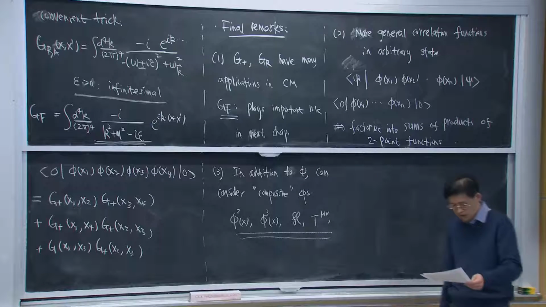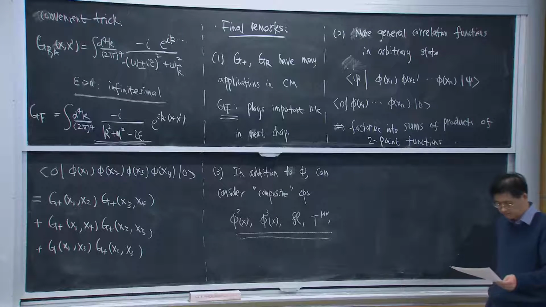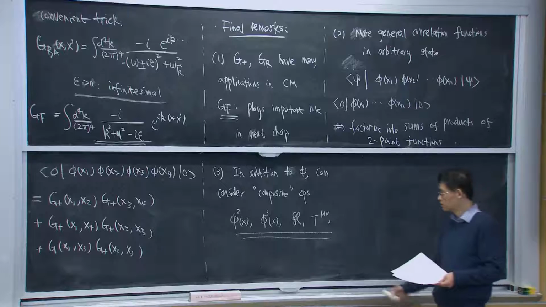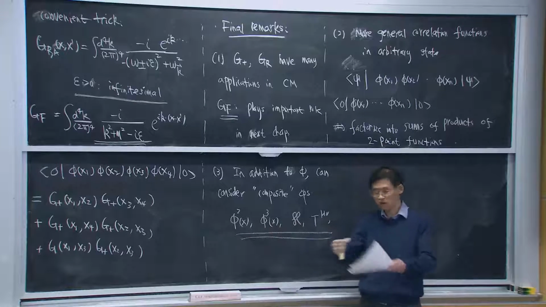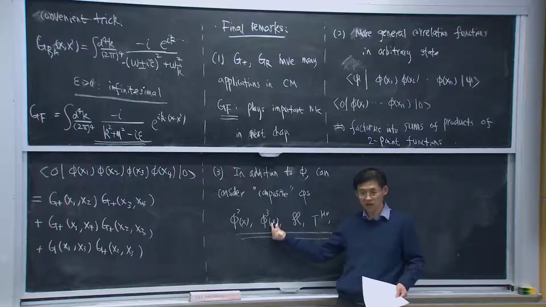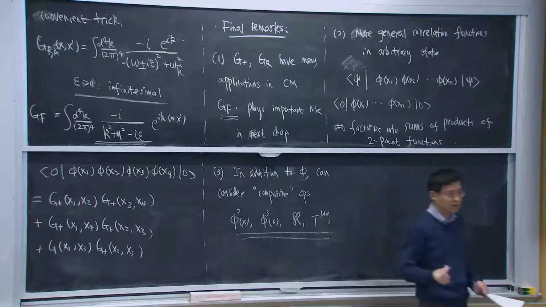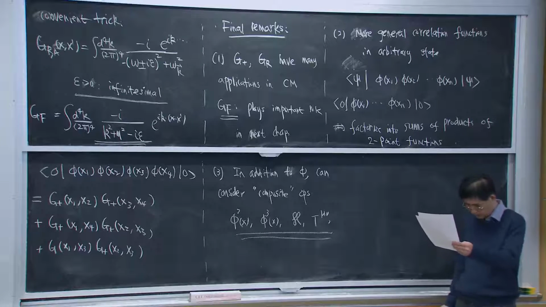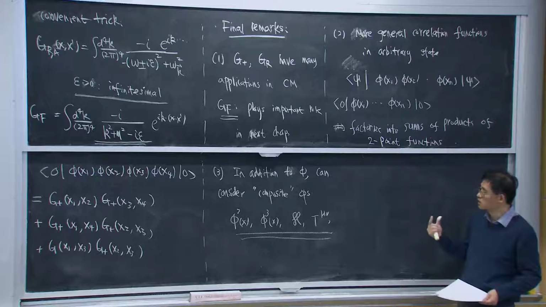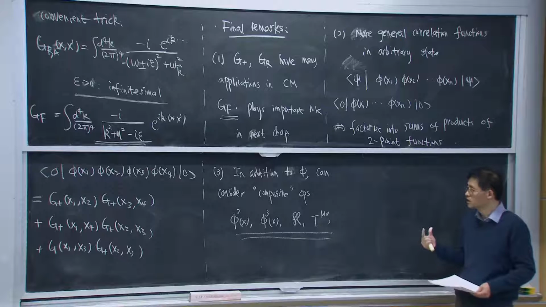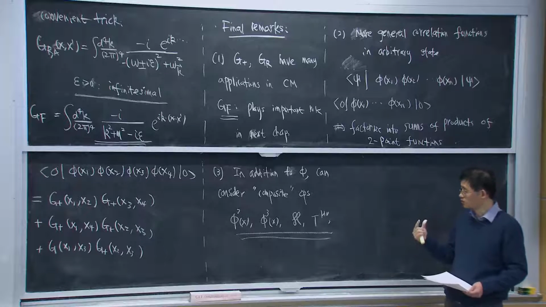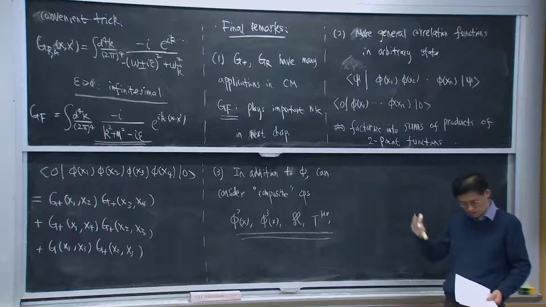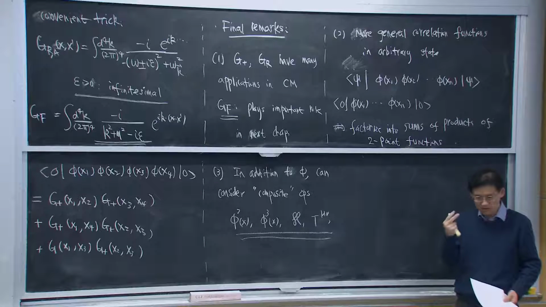And as you should have learned from your P set problem 3, those operators often are not well defined, because when you multiply them at the same point, you will get singular behavior, and we need to renormalize them, etc. Such divergent behavior is generic in quantum field theory, and one of the most important parts of quantum field theory is to find sensible ways to renormalize those divergent quantities in a physically sensible way.